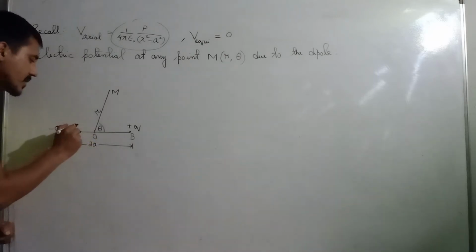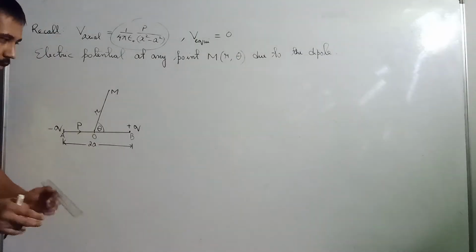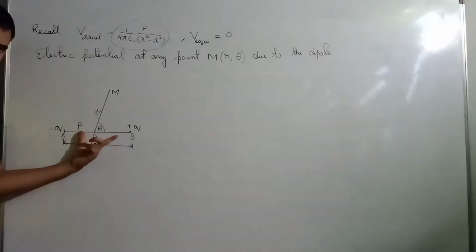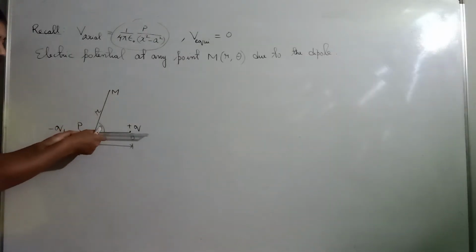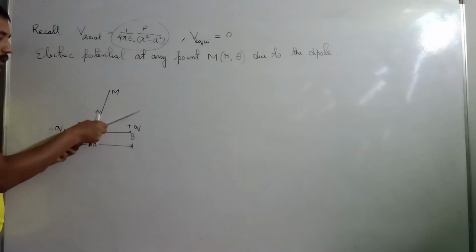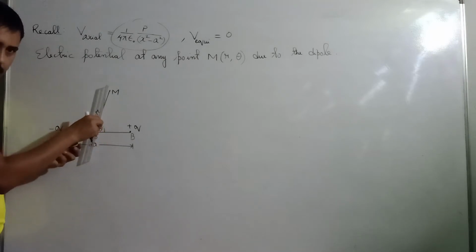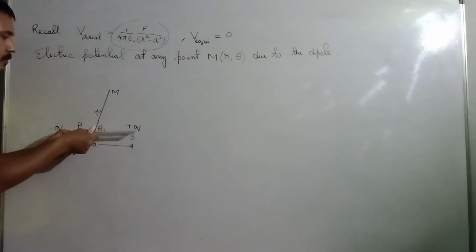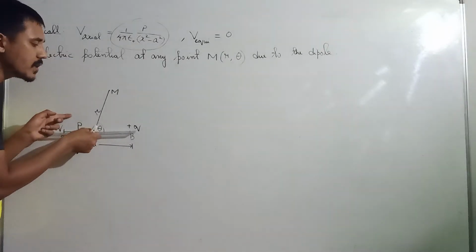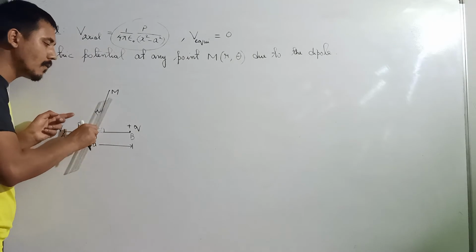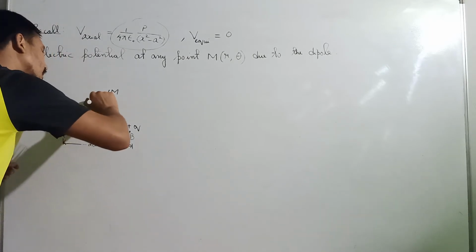This is your dipole. Let's say P is your dipole. This dipole is P, okay? So I'm going to resolve P into two components. First, along the angle theta, that is OM, right? So if you resolve this dipole into two components, the component of this P along theta, that is along OM, will be what?